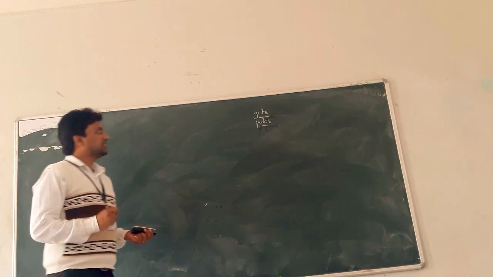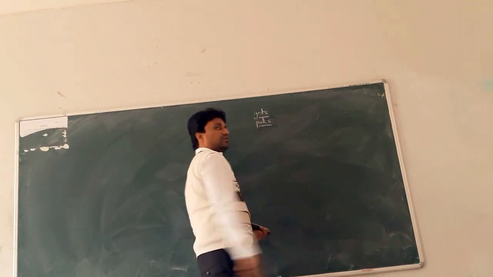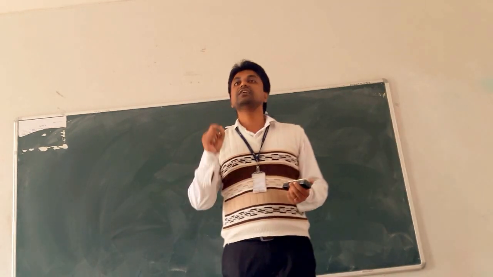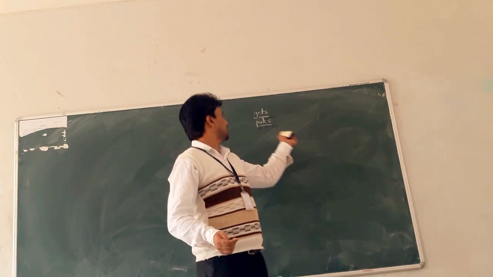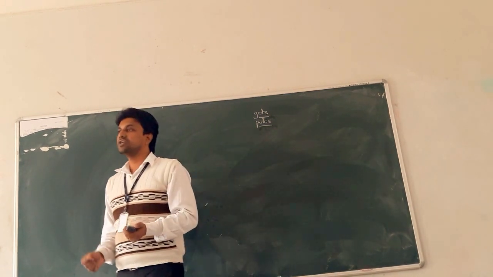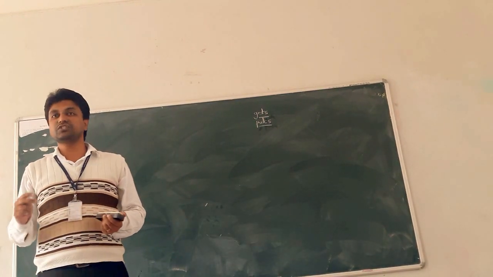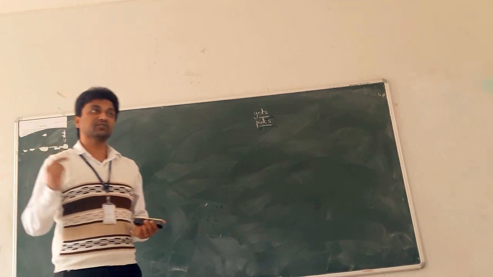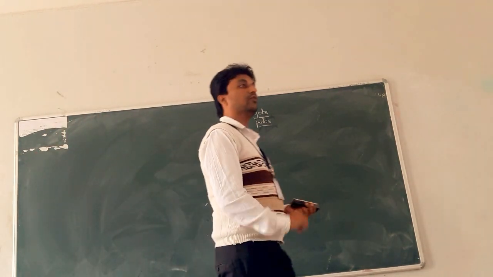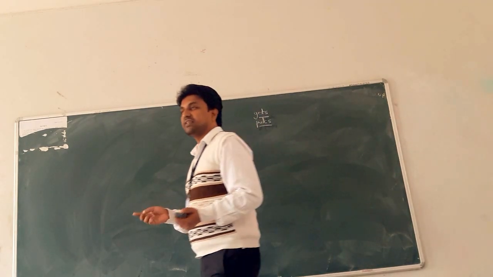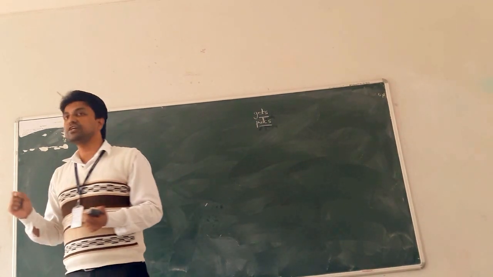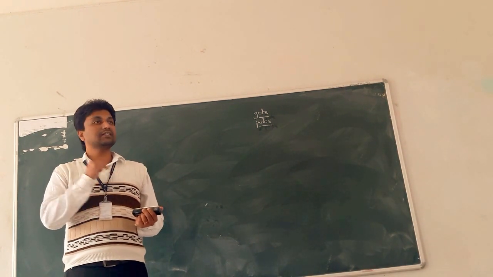So what is the basic use of gets? gets is used to scan the string from the console, that is text mode window, and puts is used for displaying the whole string on the console, that is text mode window, not on the viewport. Clear? Okay, clrscr. This is a function related to clearing the screen.